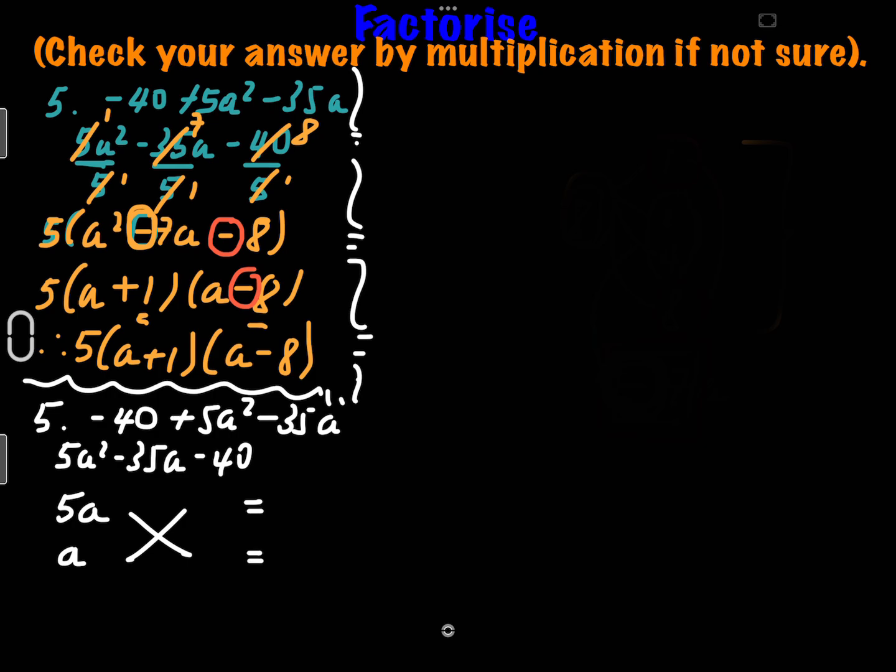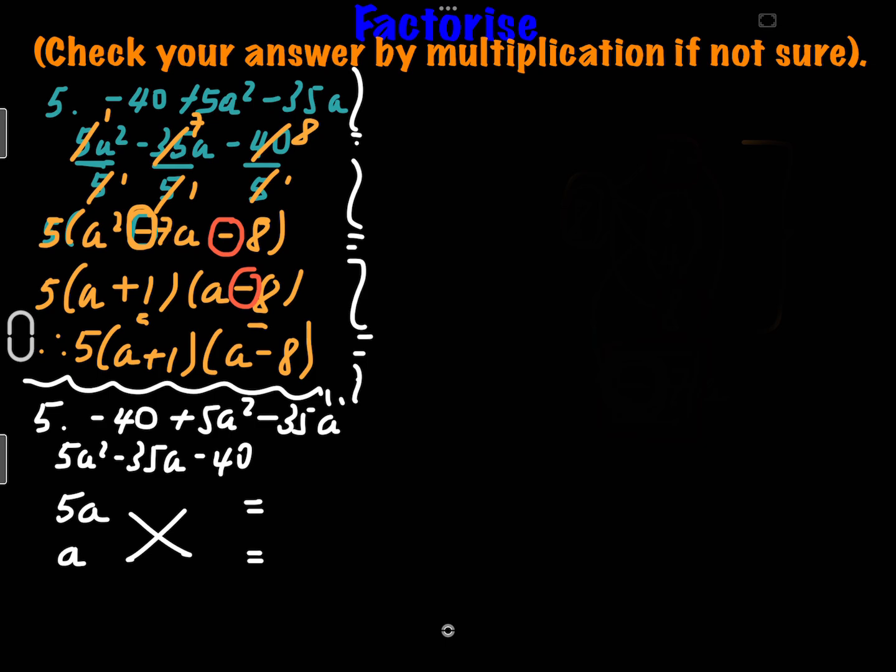We want to multiply in such a way that after multiplying those factors 5a and a, they must give us products, and when we sum up those two products, they must give us the middle term. Let's see how this pans out.